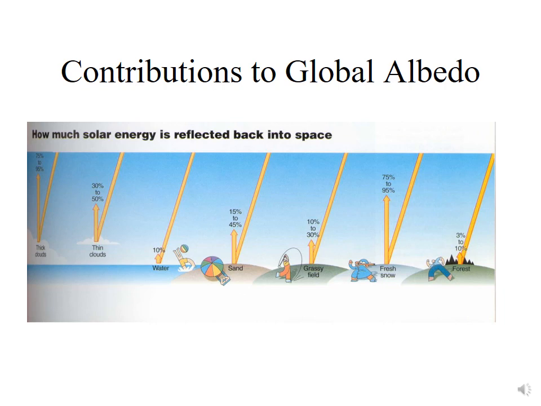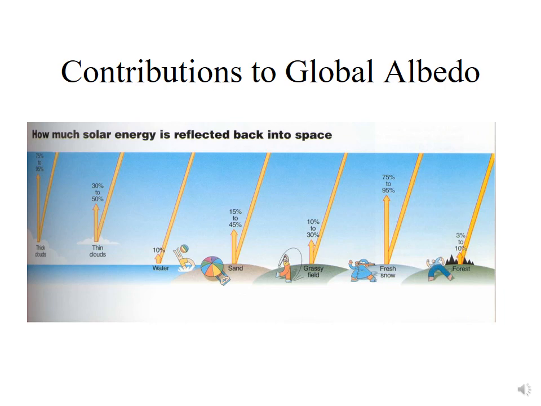Sand and deserts are generally pretty bright. They generally reflect more than 30%, up to 45% of the solar radiation. Grass, on the other hand, is more absorbing than desert or plowed lands, typically reflecting up to 30% of the solar radiation.